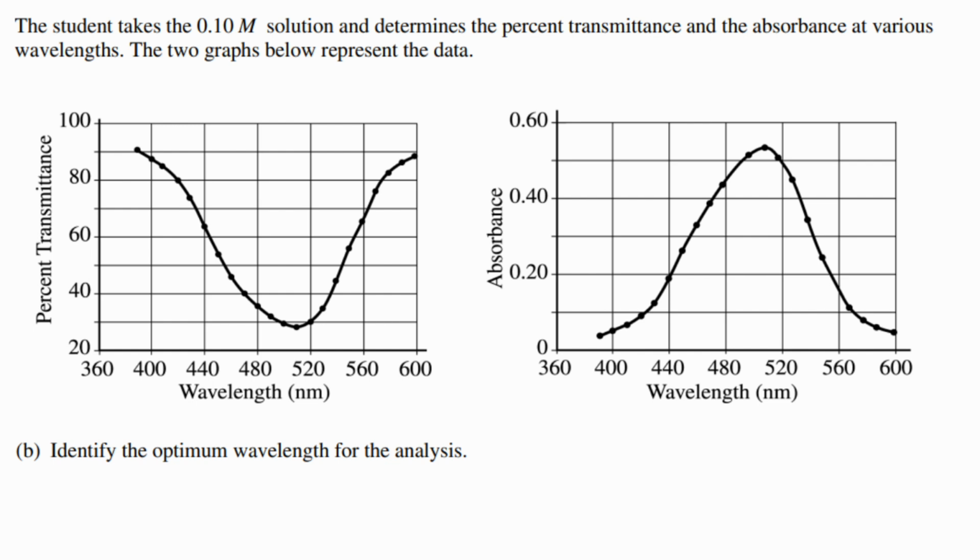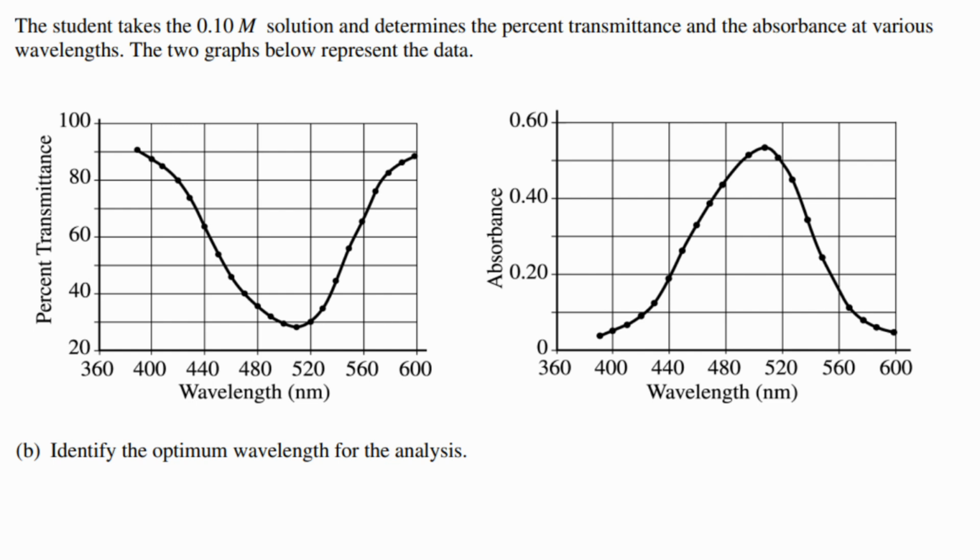It then says the student takes the 0.1 molar solution and determines the percent transmittance and the absorbance at various wavelengths. The two graphs below represent the data. So B says identify the optimum wavelength for analysis.